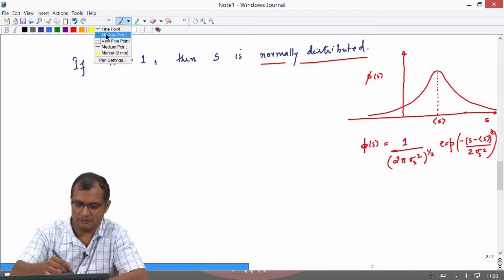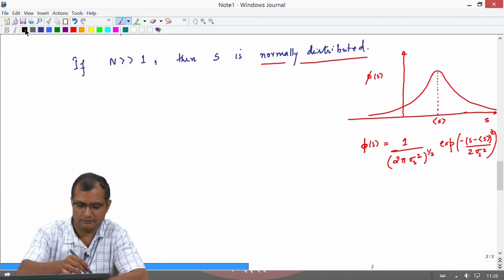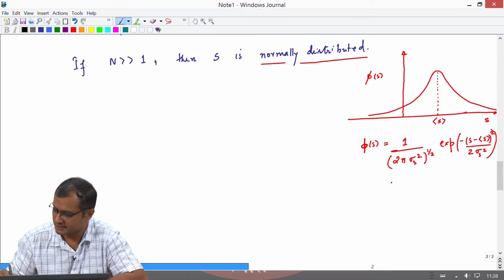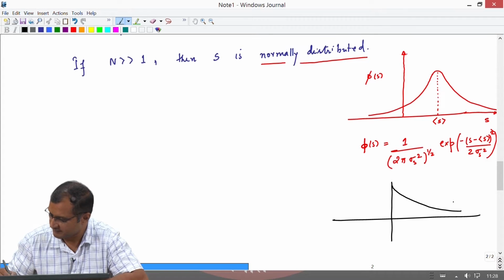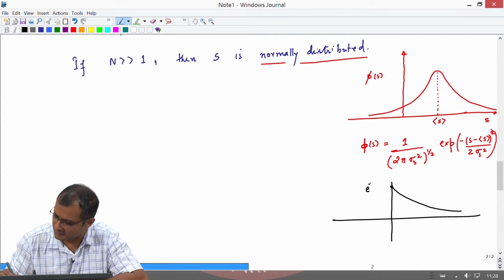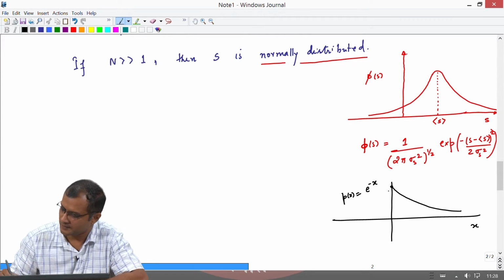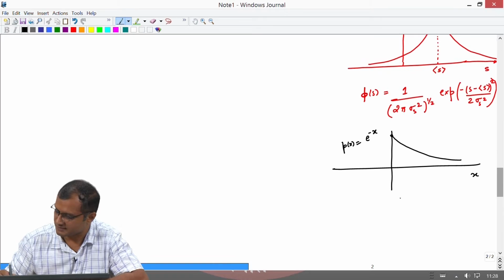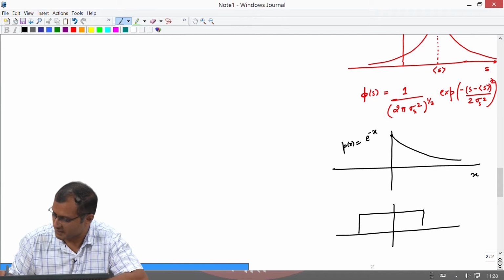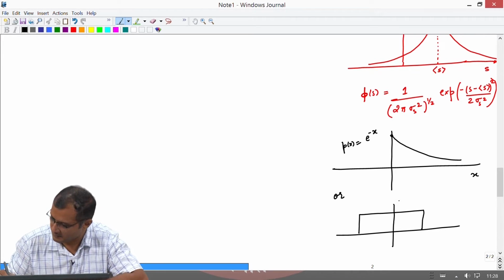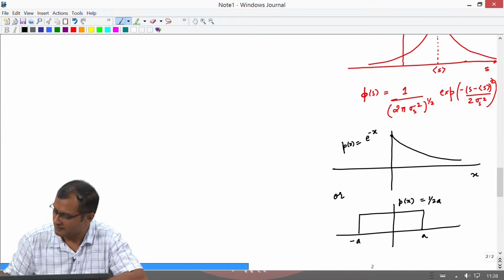So, let me also plot P of x, you can take any P of x. So you could take P of x as an exponential distribution if you like, or you could take P of x as a flat distribution, does not matter.